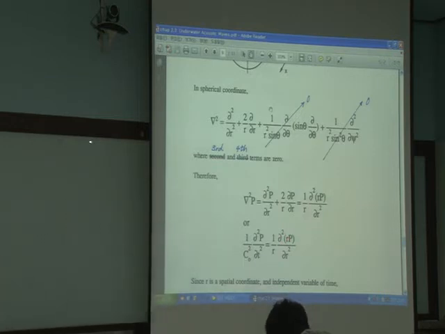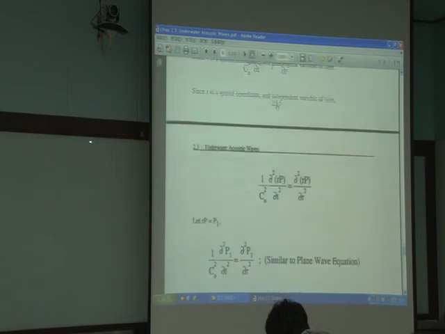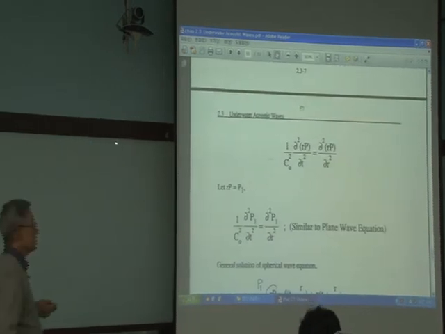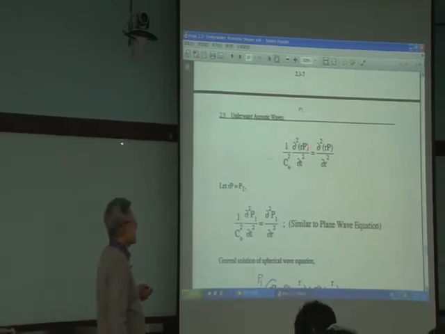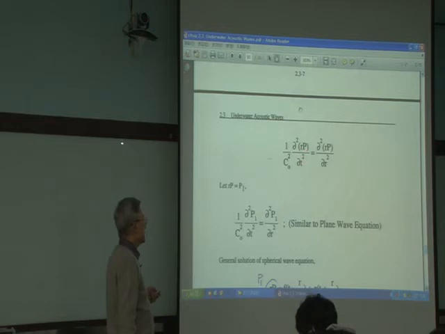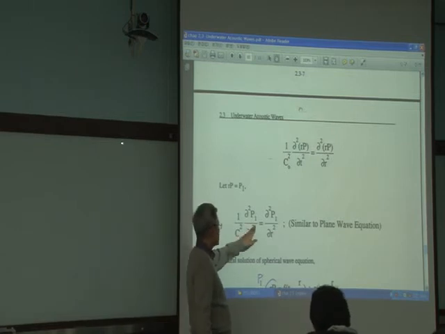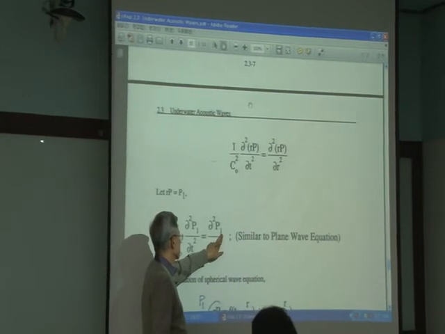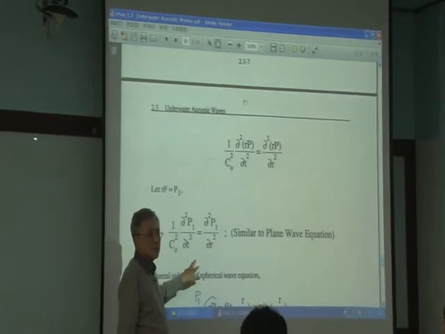The resultant equation is like this. If you replace RP as P1, this is identical to this. By looking at this, if I just replace P1, what does this equation look like?